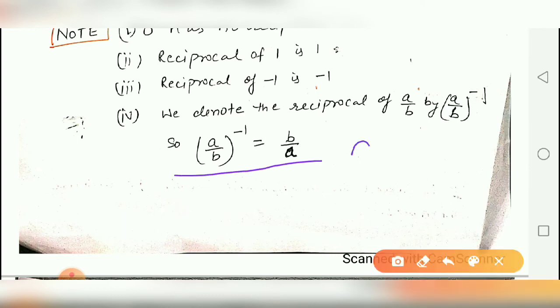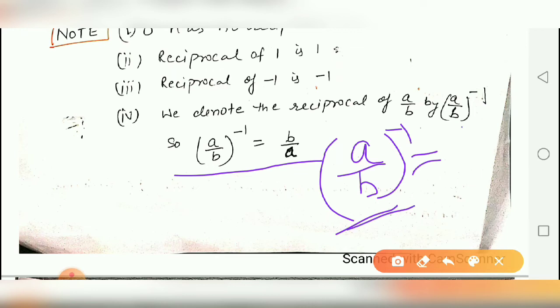It means that if this is a rational number, and I put a bracket here and write exponent negative 1, it means that I have to take the reciprocal of this number and the answer will be b upon a. So any number raised to the power negative 1 means that we have to write the answer as its reciprocal.